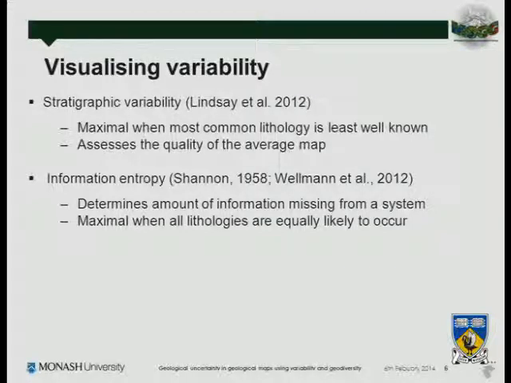Stratigraphic variability will look at how different the group of maps are, or how likely the mode model is: the most common lithology at that location, and how many maps actually have that. Whereas information entropy will show you how many different lithologies can occur at the one location. So in the previous map, the small intrusives, the amphibolite and the felsic gneiss, are a little bit random in where they occur, so they might show up more in the information entropy.